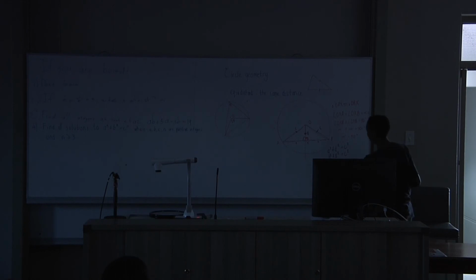And if you take this to the other side, for the first equation, we get A squared is equal to C squared minus D squared, and B squared is equal to C squared minus D squared, right? And since these two things are equal, the other side also has to be equal. So A squared is equal to B squared. And since they're both positive, we can't have negative, so both of them are the same. So A is equal to B. So yeah, that's one way of doing it.